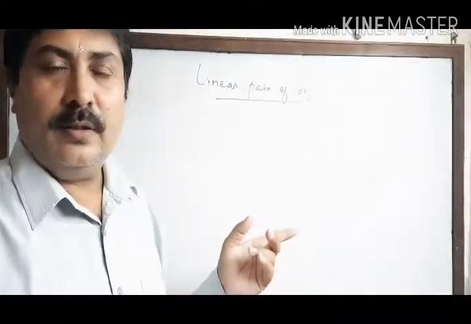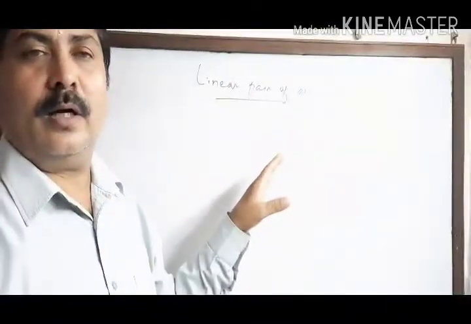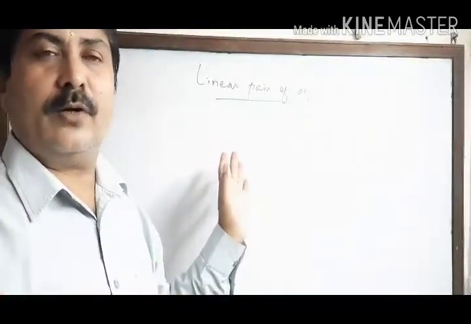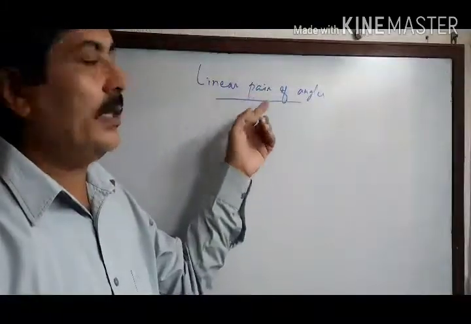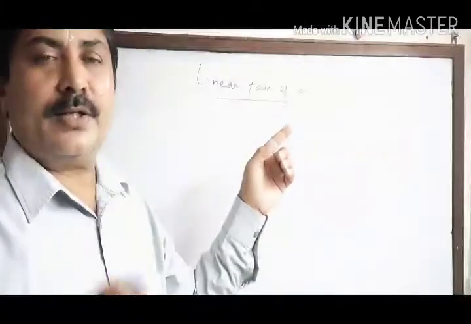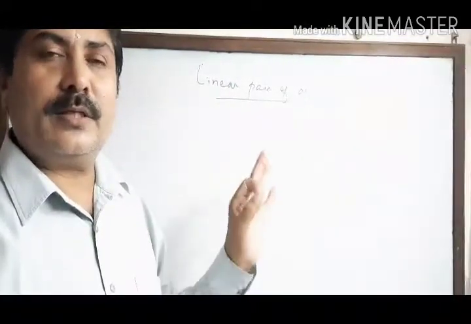You have seen adjacent angles, formed at a common point with a common arm, other arms in opposite directions. Now you'll see two adjacent angles are in such a way that if we add their measurements, the sum is 180 degrees.